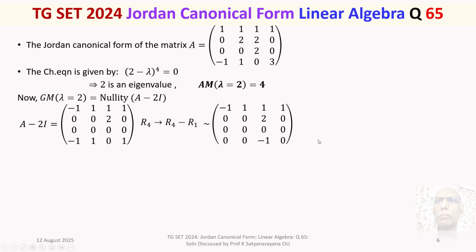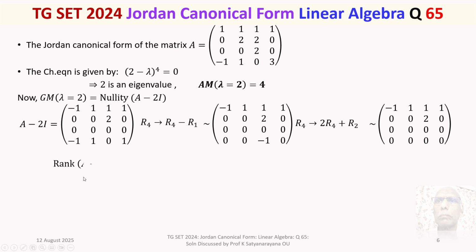So, we make R4 equal to 2 times R4 plus R2, and thereby this element, that is third row first column element, will become 0. So, now it is reduced to a row reduced echelon form, and now the number of non-zero rows will give you the rank.